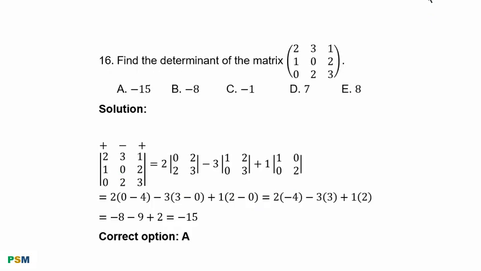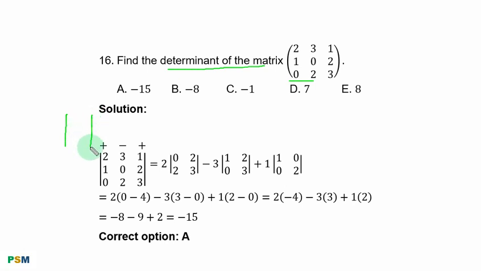Question 16. Find the determinant of the matrix with 3 rows and 3 columns. It is a 3 by 3 matrix. You put the given matrix under the symbol of determinant.